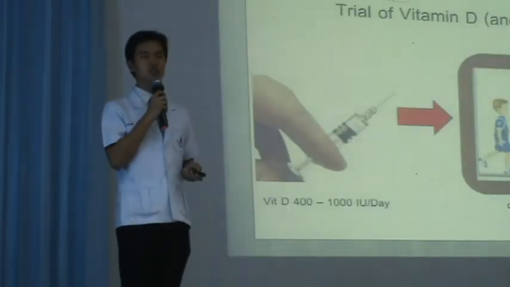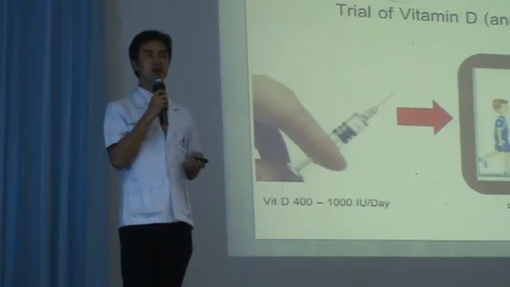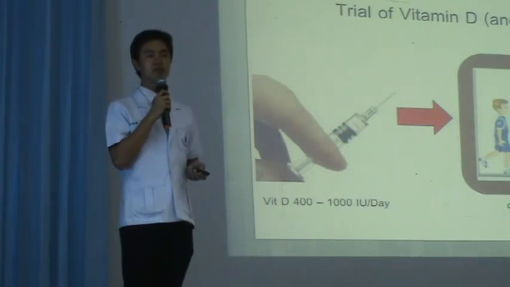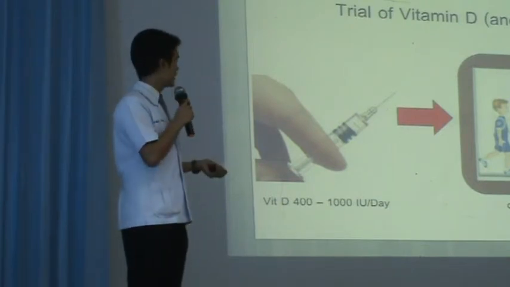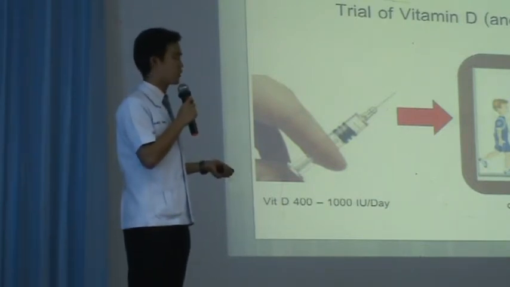From the introduction, we know that vitamin D can prevent metabolic bone disease by increasing bone mineralization and maintaining calcium balance in the body. In this experiment, to increase vitamin D intake, we give vitamin D in younger and older adults.